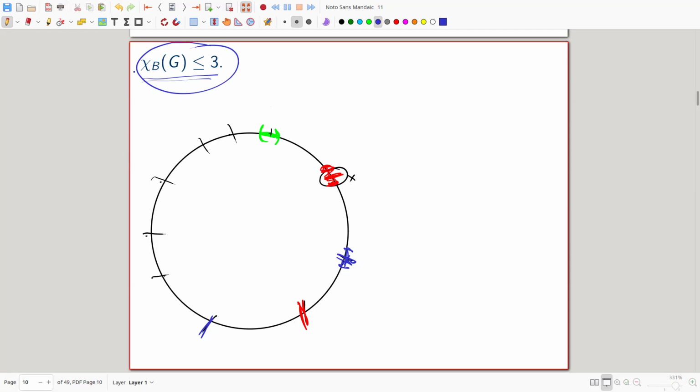Okay, so we have determined the Borel chromatic number of this G, and this is actually 3. So this is a nice example, but somehow I like the next example more, because in this example, if you encounter it first, your impression might be that this Borel thing is just weird because it should be a 2 coloring.